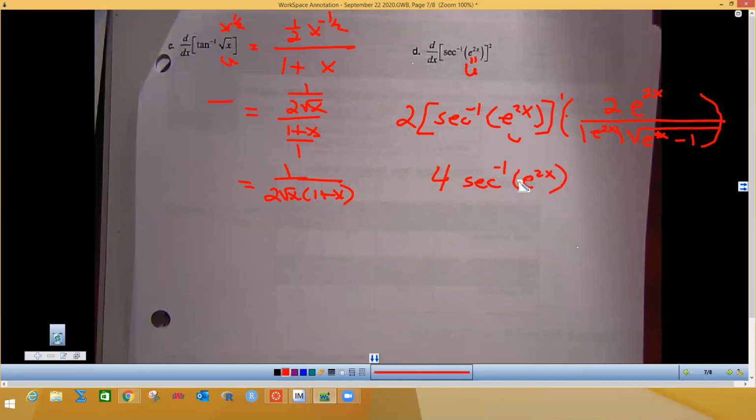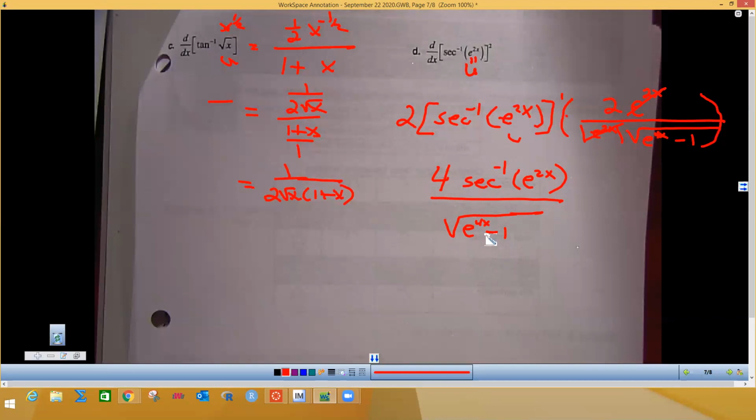We also have, I hope we can see that this e to the 2x is going to reduce with that e to the 2x. So that's going to leave us on the bottom with the square root of e to the 4x and then a minus 1 in that radical. Now that's pretty hard stuff.